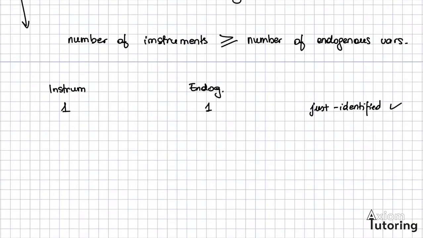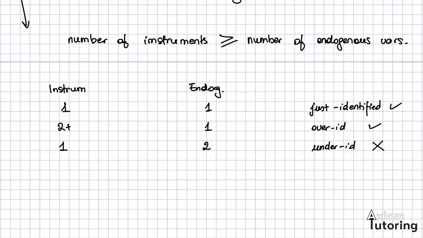If you have two or more instruments and you still have one endogenous variable, you have what we call an over-identified model, and it's still fine. You can work with this. However, if you have one instrument and you have two endogenous variables, then this is an under-identified model. You can't even work with this.